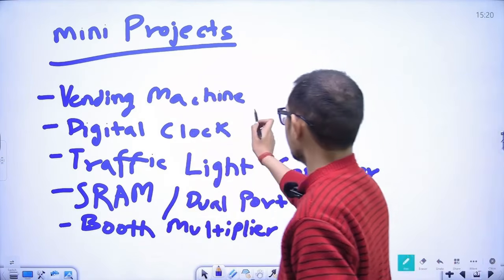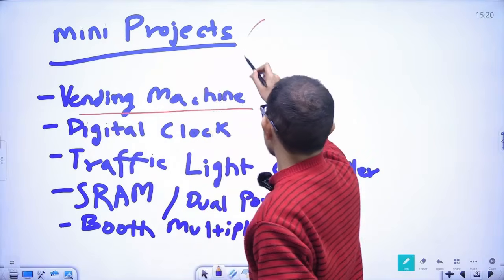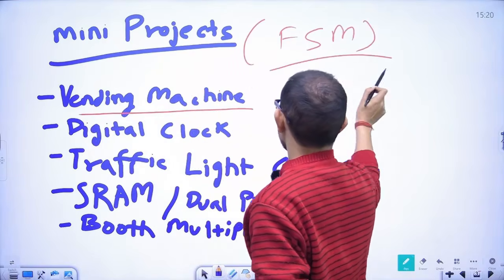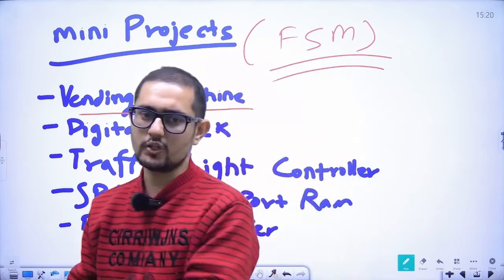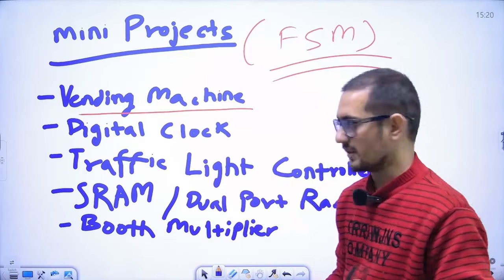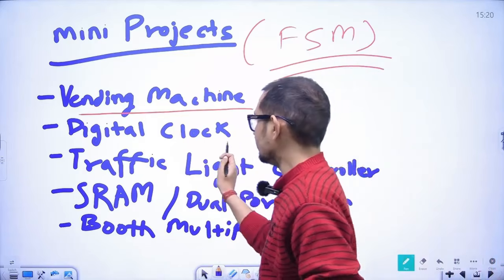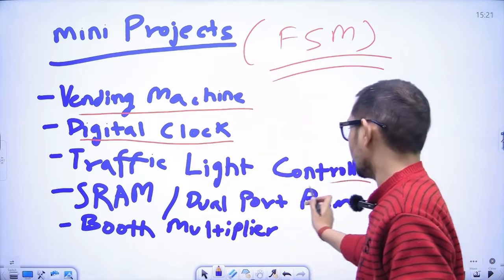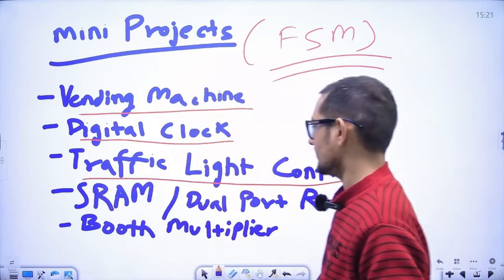Vending machine, and these are mostly FSM, finite state machine based projects. The logic changes depending on the problem statement, but it is completely based on FSM. Vending machine, digital clock, then the traffic light controller, this is also FSM.